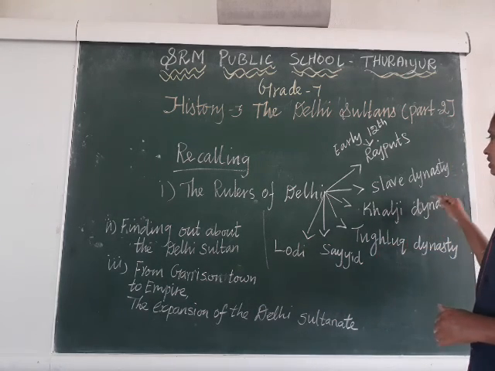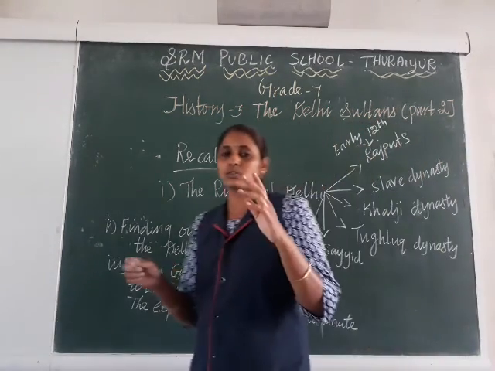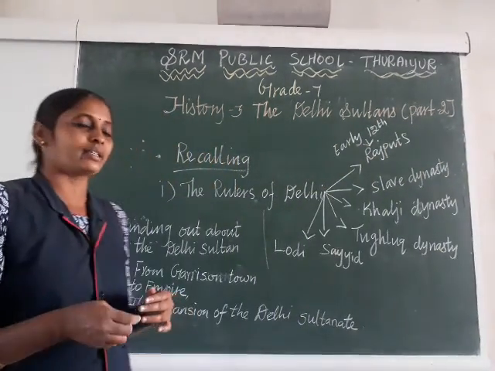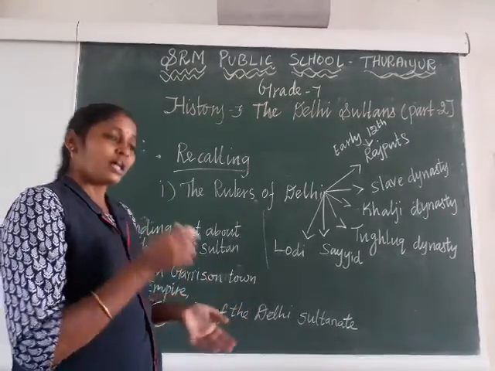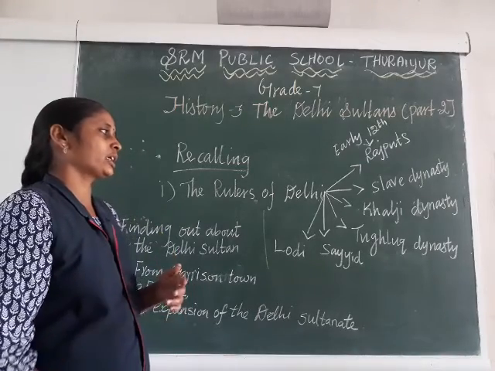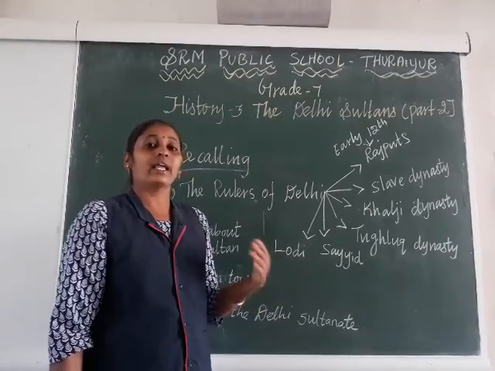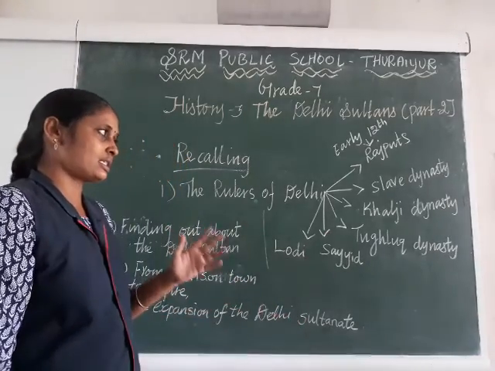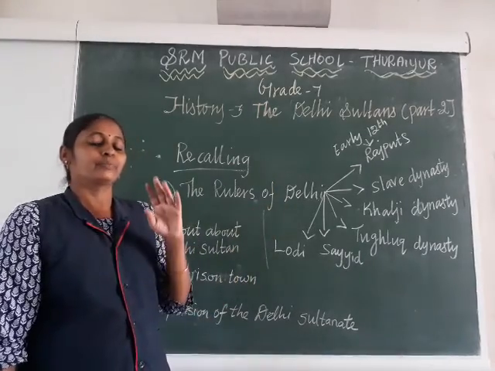Okay, so first is the Slave dynasty. Who are the rulers in the Slave dynasty? Qutbuddin Aibak, Shamsuddin Iltutmish, Razia Sultan, and Ghiyasuddin Balban. The Slave dynasty is also called the Turkish dynasty. Why?